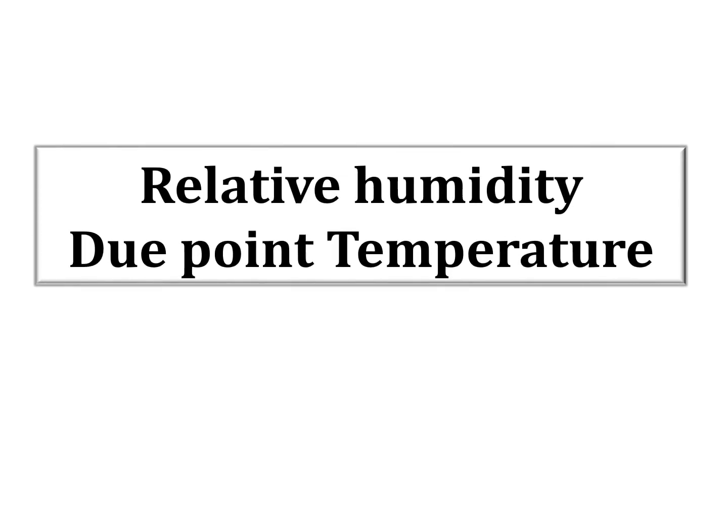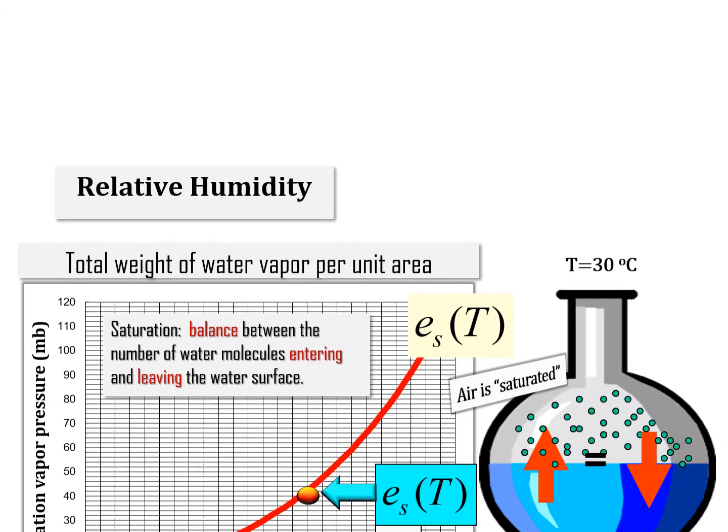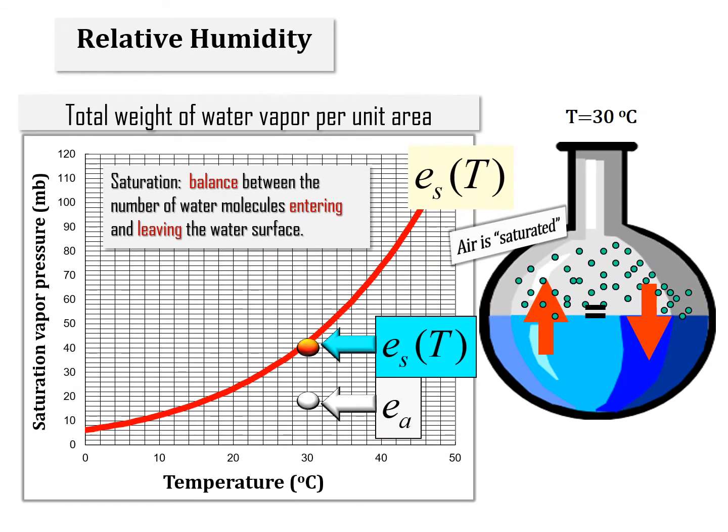Next, we learn relative humidity and dew point temperature. This red curve is the saturation vapor pressure, which indicates the ability or capacity of air to hold water vapor molecules.